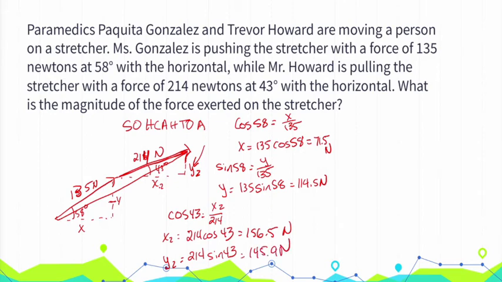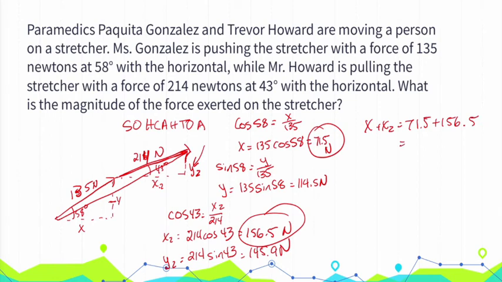And then to add these two vectors up, we want to add the x's. So x plus x2 is going to be 71.5 plus 156.5, which is 228 newtons.